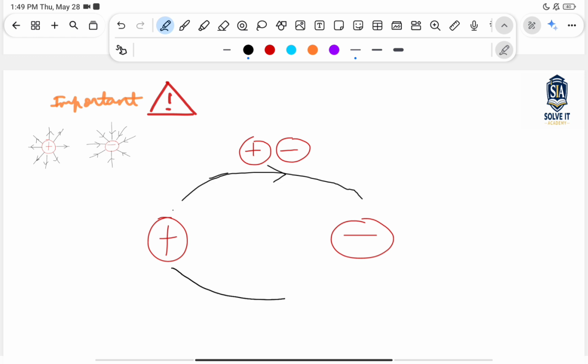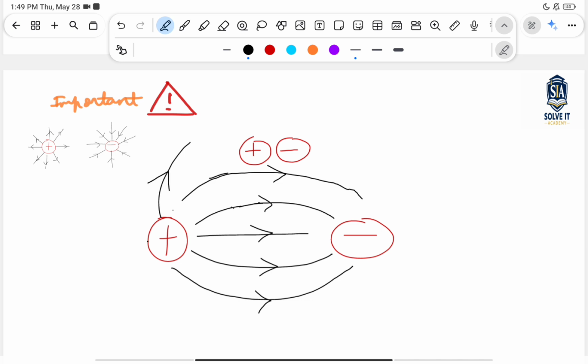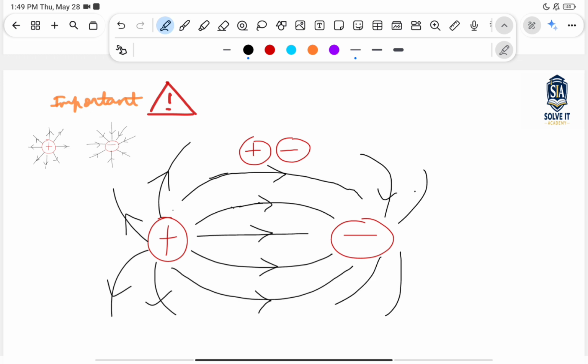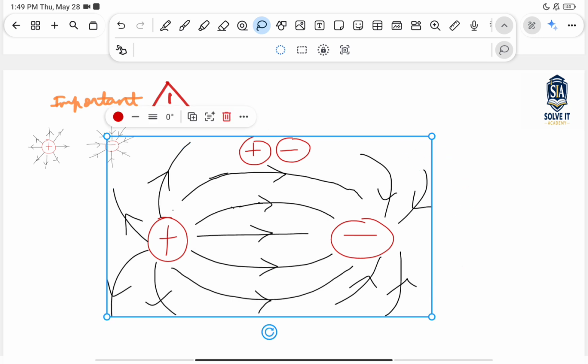These are not forming closed loops. From here the fields are going, and from here the field lines are coming towards it. This is the second configuration.